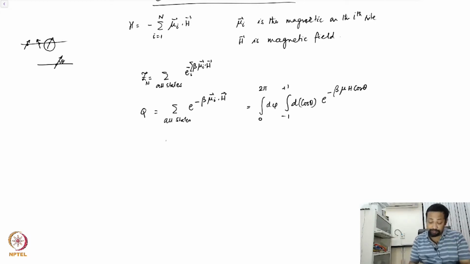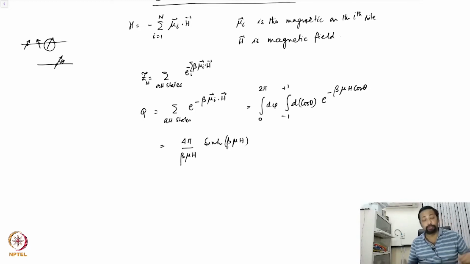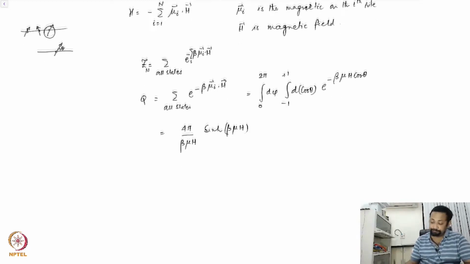The integral is very easy to do, so one recovers 4 pi over beta mu h times sine hyperbolic beta mu h.